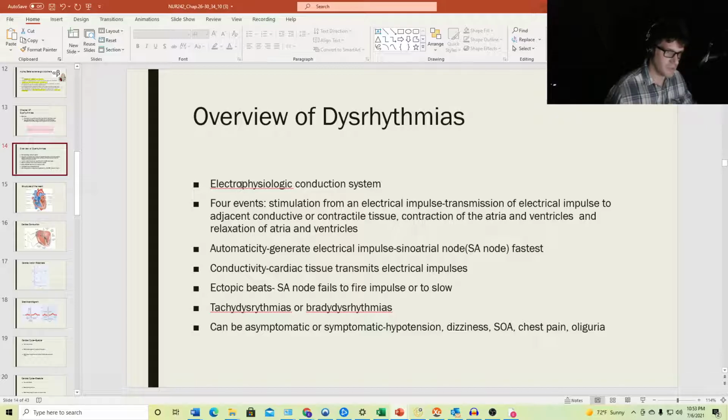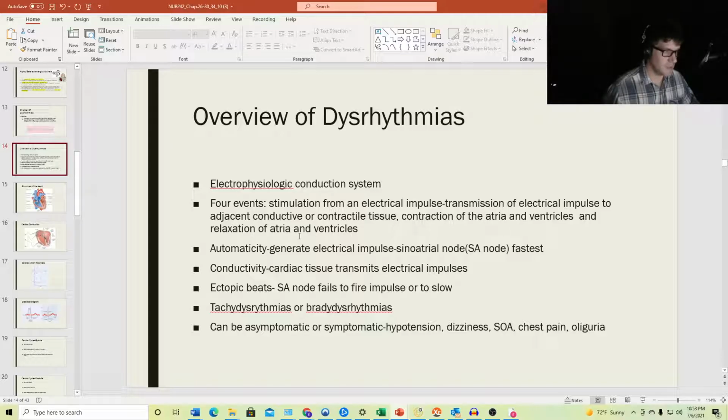Electrophysiologic conduction system. 4 events: stimulation from electrical impulse, transmission of electrical impulse to adjacent conductive or contractile tissue, contraction of atria and ventricles, and relaxation of atria and ventricles.